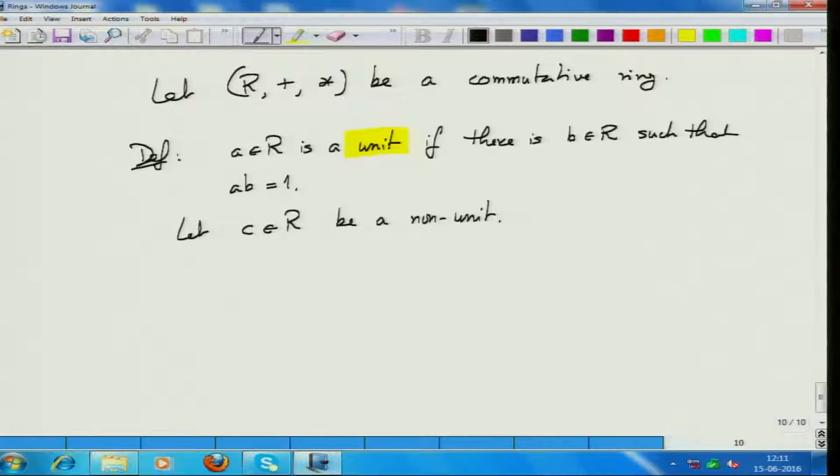Now I want to see if I can factorize C into, let's say, C1 C2, that is, C equals C1 C2. There would be C's which I can factorize, and there would be C's which I cannot factorize. For the case of integers, that is the difference between prime and composite numbers. So let's make a distinction between these two types of non-units.